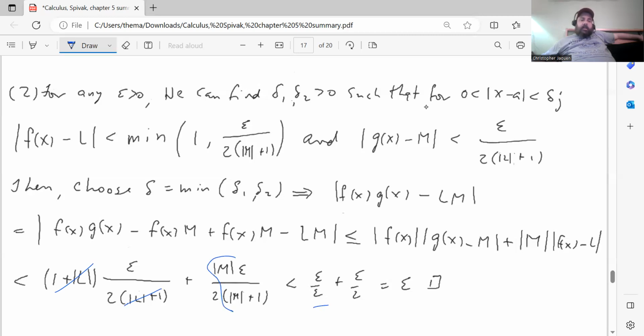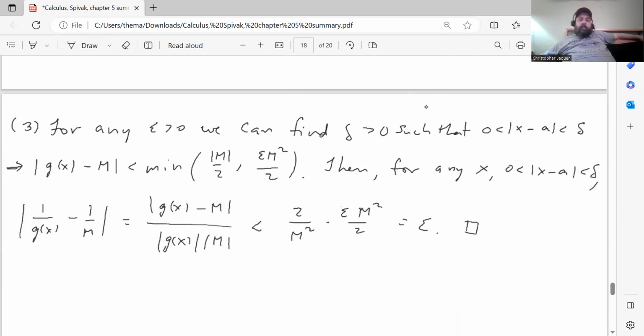And then again here, absolute value M divided by absolute value M plus 1 is less than 1. So this expression here is less than epsilon over 2, and epsilon over 2 plus epsilon over 2 is equal to epsilon. So that shows that property 2 holds. So the limit of a product is the product of the limits.